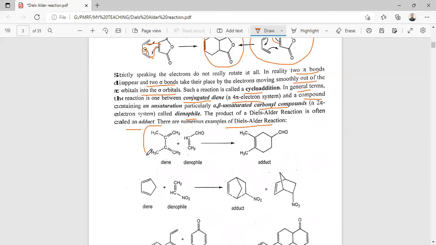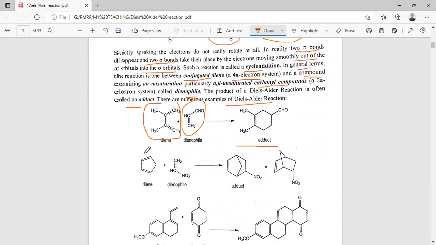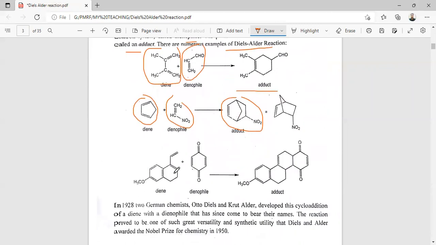Here this is the diene and this is the dienophile, and here is the adduct. In this case, cyclopentadiene acts as the diene and this is the dienophile to form this adduct. And here this moiety acts as a diene, and this moiety as a dienophile. So it is a 4 pi electron and a 2 pi electron system forming this adduct.